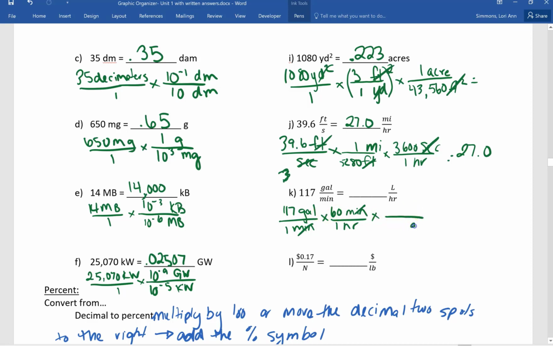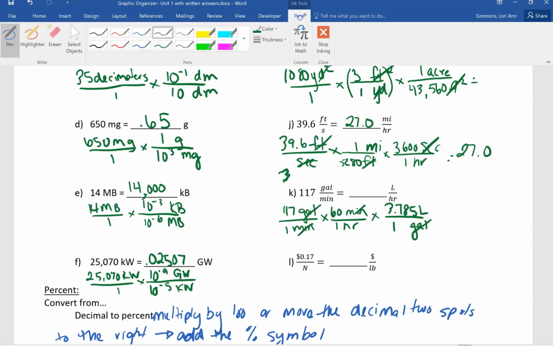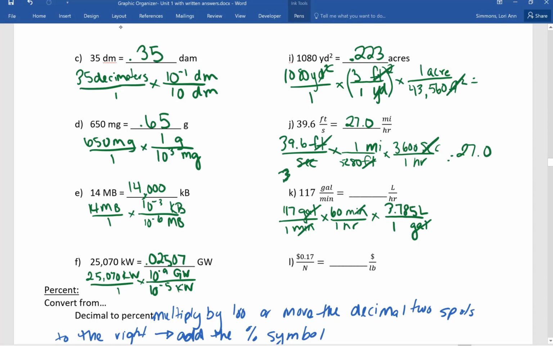So gallons we need to get rid of, so put that on the bottom to cancel with the one on top. And 1 gallon is equal to 3.785 liters, and that is found up above in the conversion I gave you. Gallons cancel. So now you can see that we are left with liters per hour, and that's what we want here.